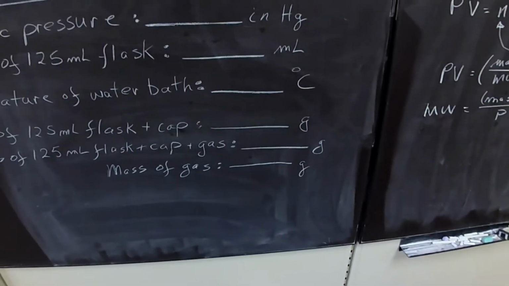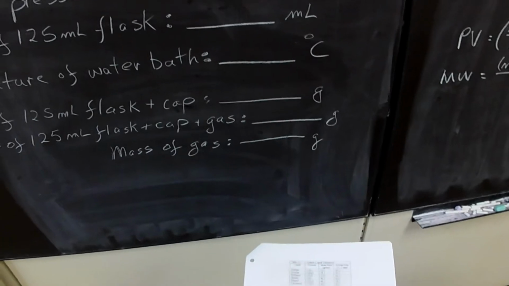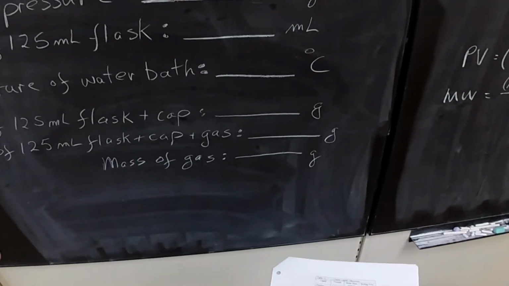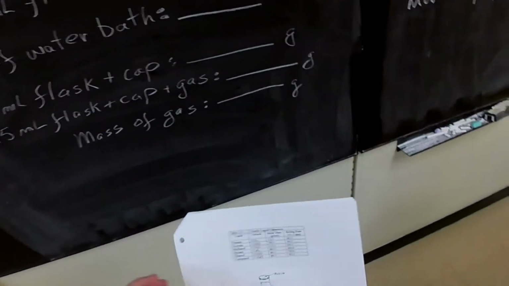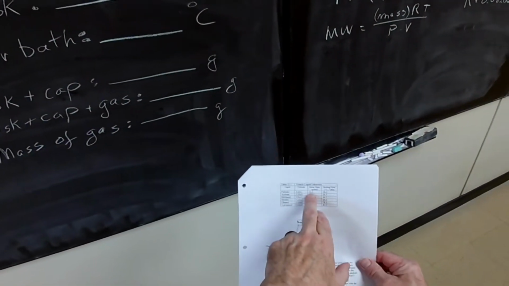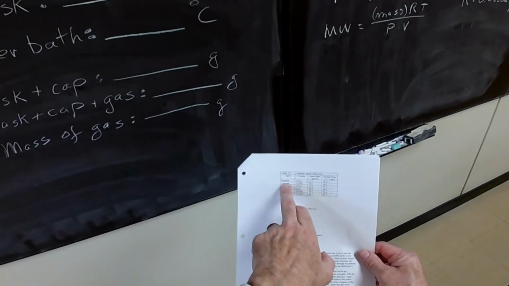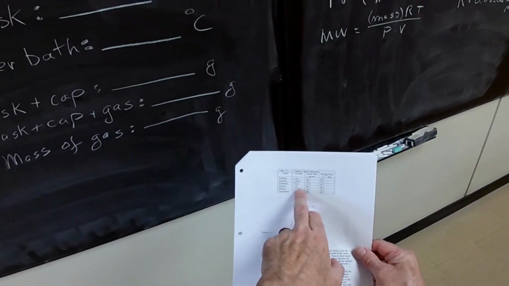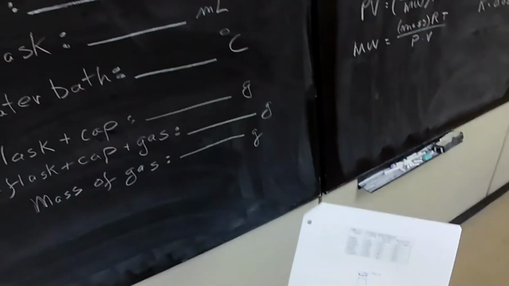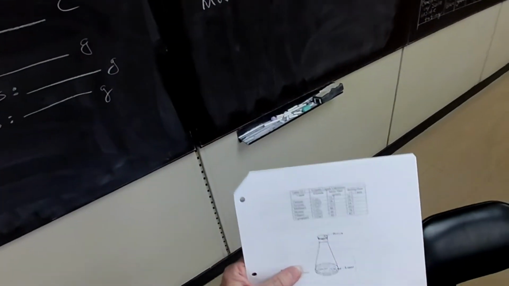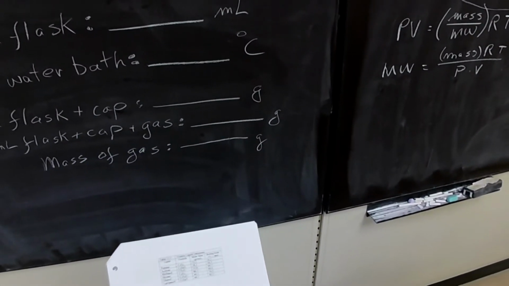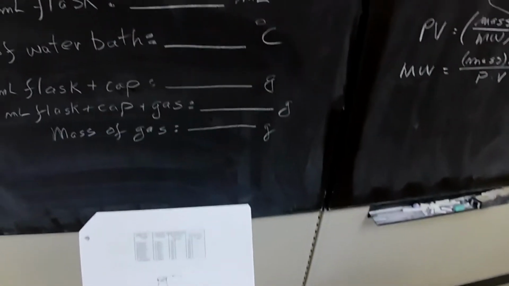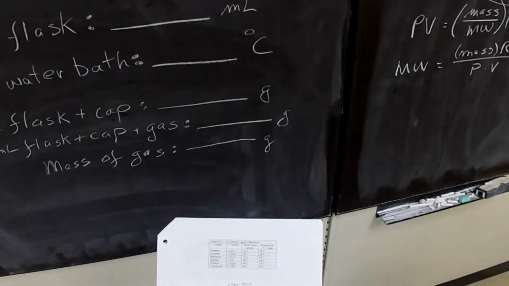So when we heat it in a water bath, then we're able to volatilize the liquid completely into a gas. That's essential. So once you determine the molar mass, you can pick out which liquid it is from this. All I'm going to give you is a number on the bottle. And then you take that number and you say, this is my number, this is what I think the gas or the compound is. Okay.